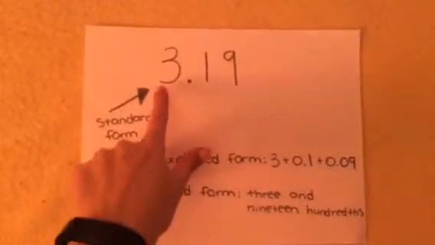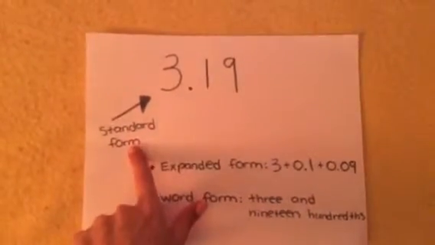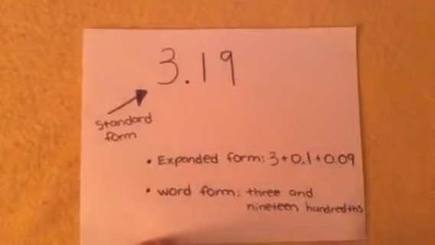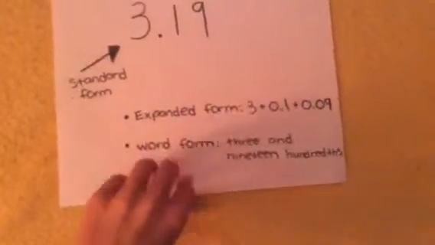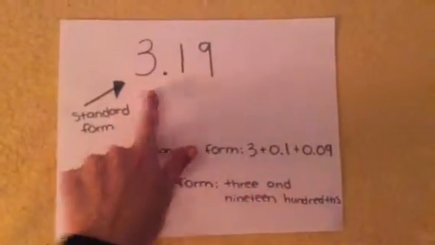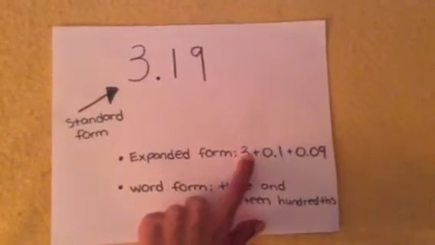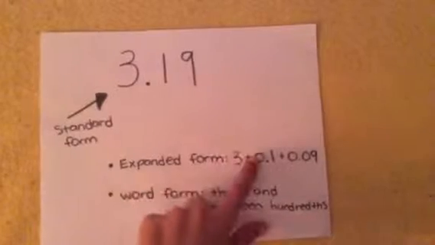So let's say we have the number 3.19, and we would read that as 3 and 19 hundredths. So 3.19 is just our standard way of writing this number. Now expanded form, I have to break it apart. So I see that I have 3 wholes plus 1 tenth.